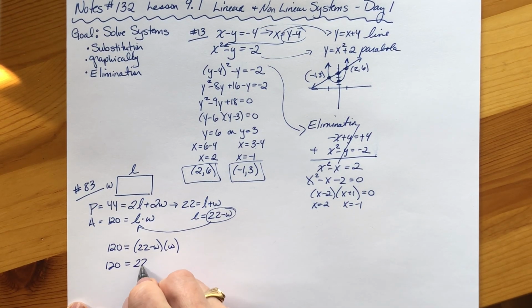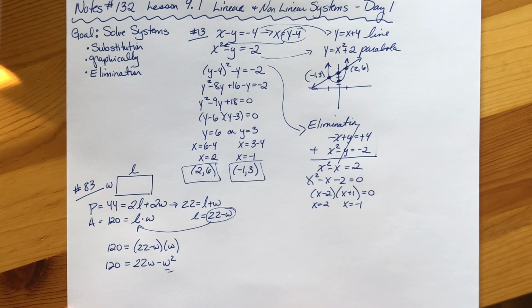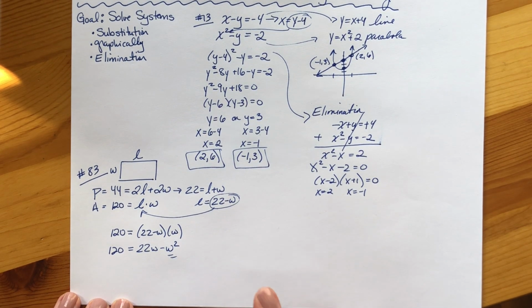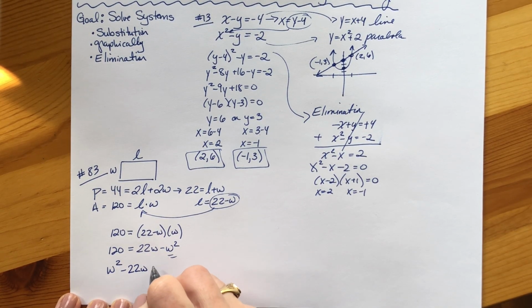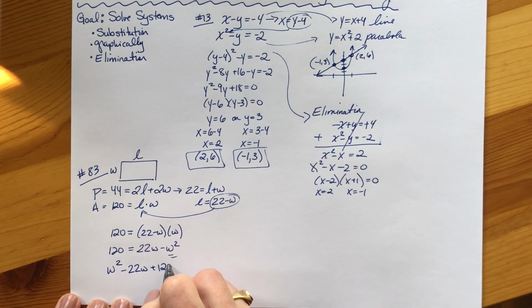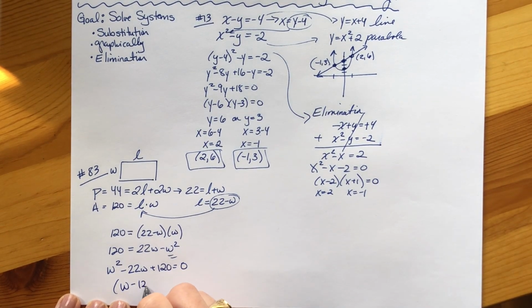I've got minus W squared. I'm going to bring this over to make it positive. So bring her over: W squared minus 22W plus 120 is equal to 0. Right, you saw it.